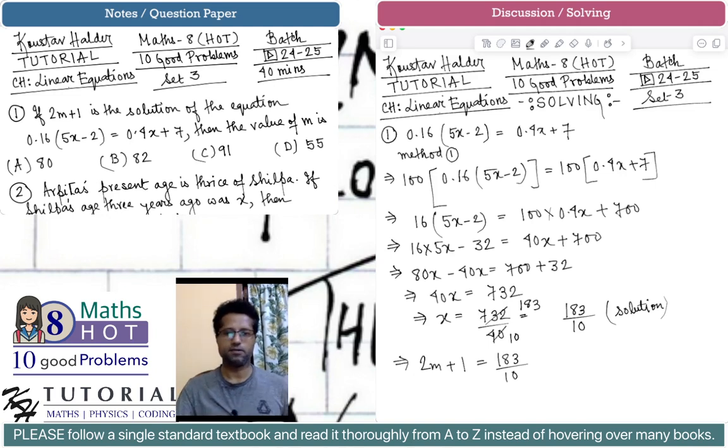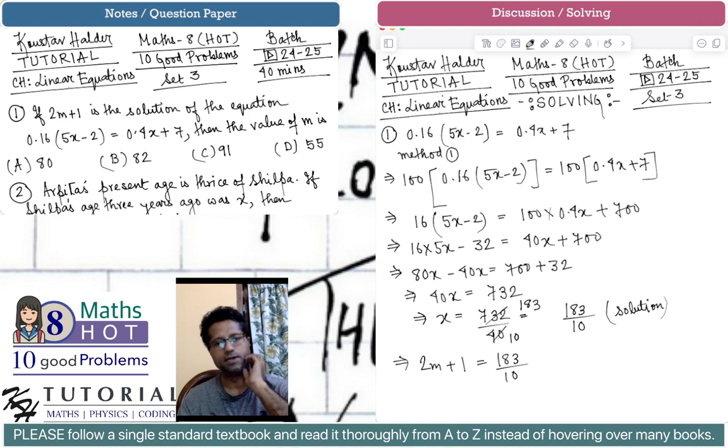Now I think there is a problem in the given choices, because 183 by 10 will become a decimal number, 18.3, and if you solve this, that is 2m plus 1 is equal to 18.3, m will be some kind of 8, and the choices are 80, 82, 91 and 55.